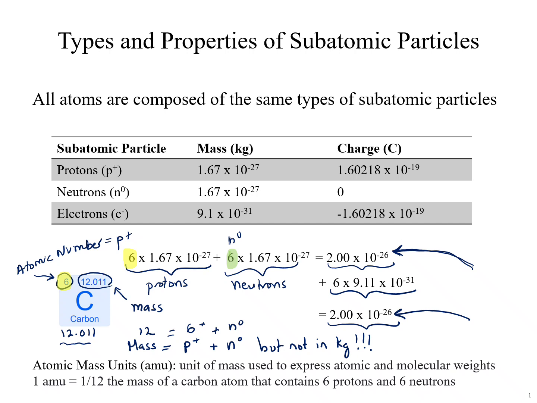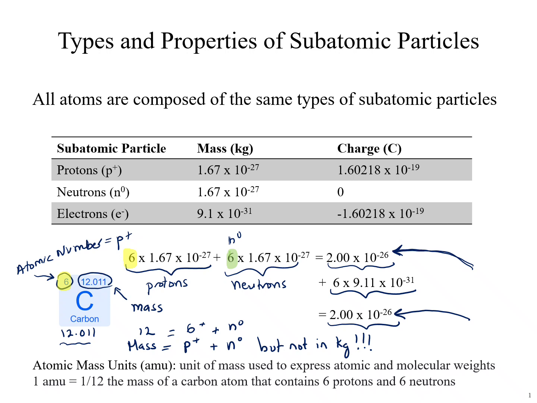The number that we get to see on the periodic table is a different unit. We actually have two different units that we use with that number. Depending at which point we are during the term, we're going to see different units for the number. Right now, we're going to be using that mass as atomic mass units, or AMU.